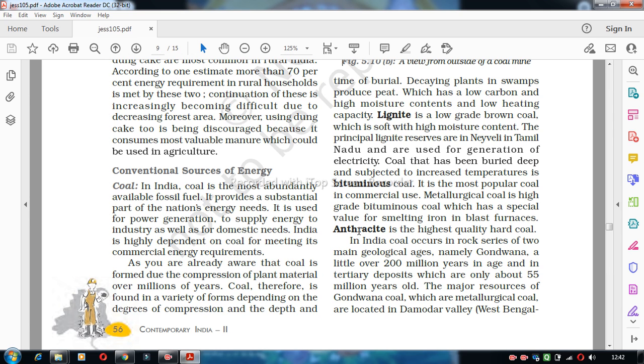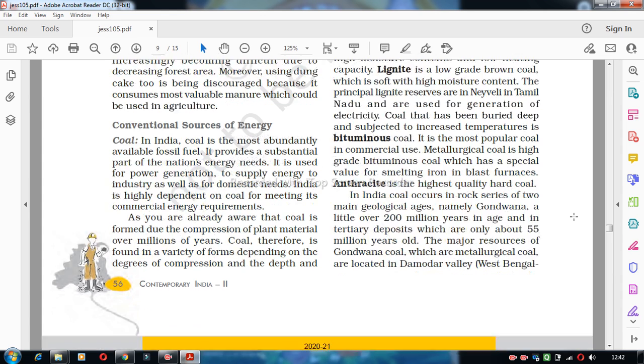Next, bituminous, the coal that has been buried deep and subjected to increased temperature is bituminous coal. Next, anthracite, that is the highest quality of the hard coal. First we have seen the peat, then lignite, that's a low graded brown coal, then bituminous and then anthracite. So, we are having the 4 types of coal here.